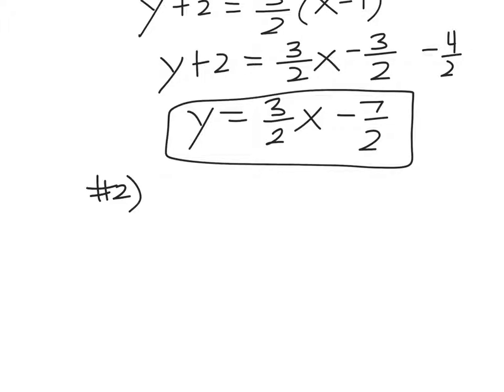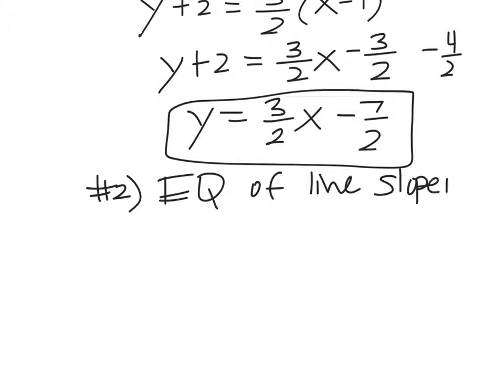So for this one, we have the same type of problem. We're going to find the equation of the line in slope-intercept form. And we're going to be given kind of the same type of thing.